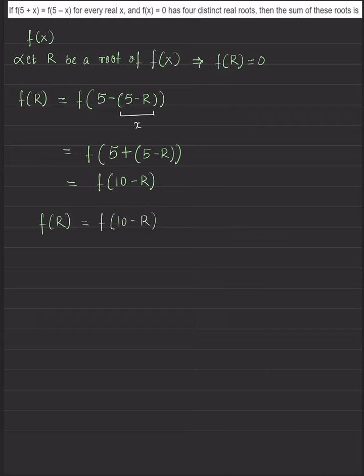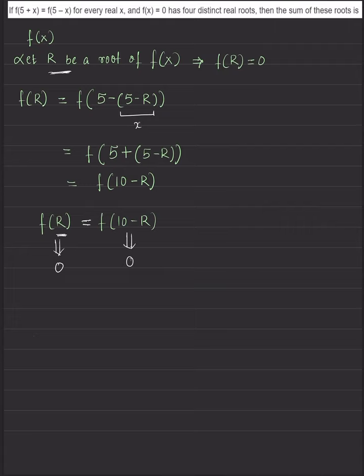Now the understanding of this equation is crucial. Here we had assumed that r is a root, right? So if r is a root, that means f of r is equal to 0. And because f of r equals f of 10 minus r, we can say that f of 10 minus r is equal to 0.